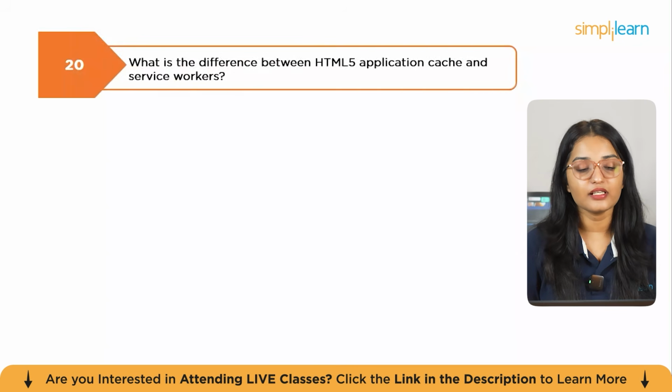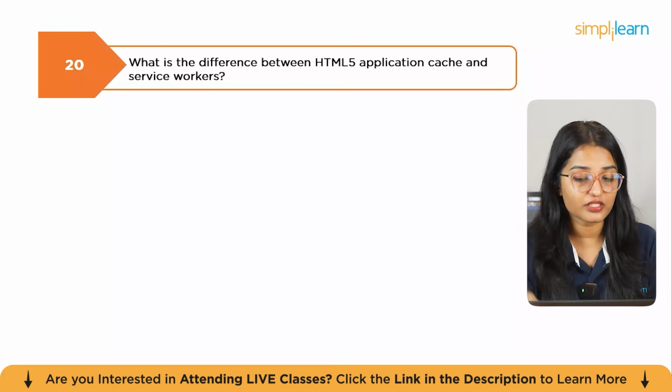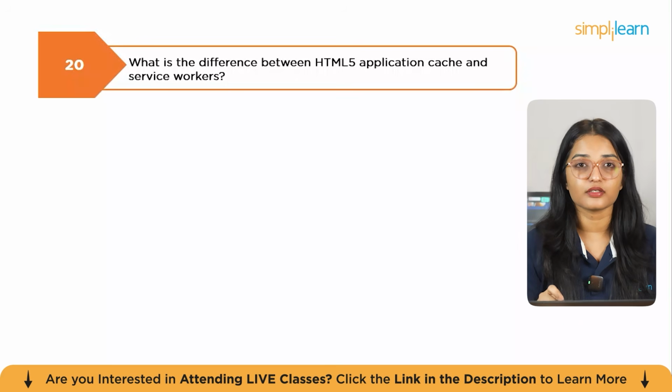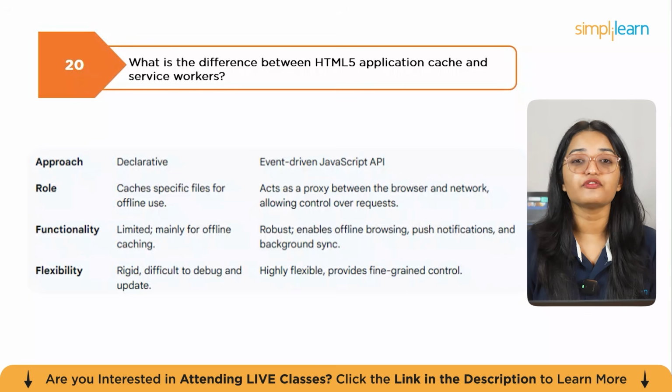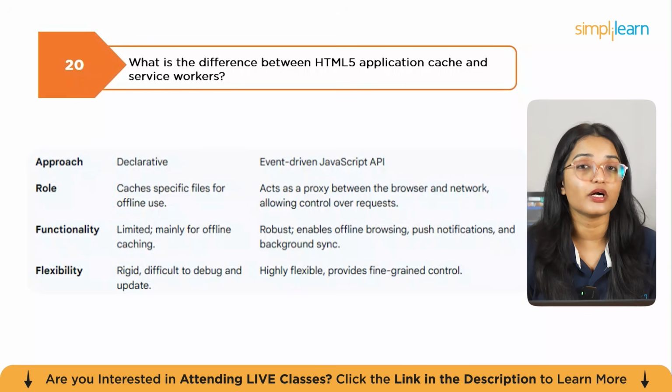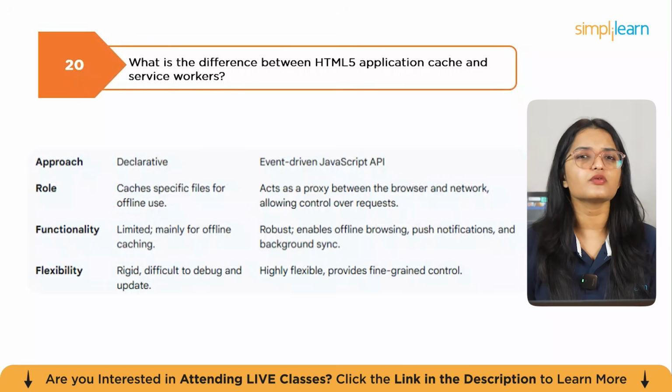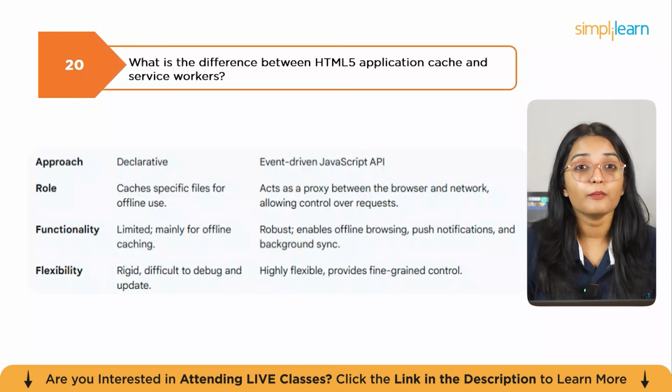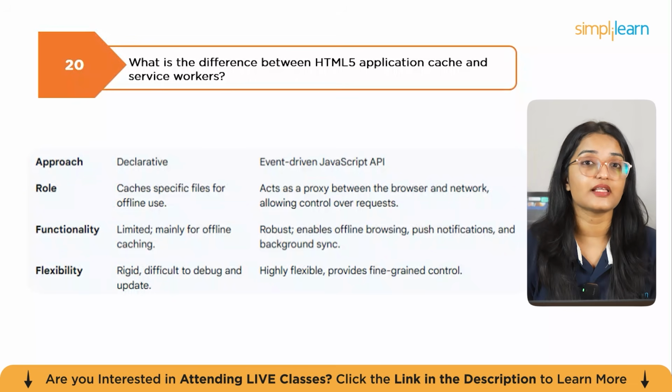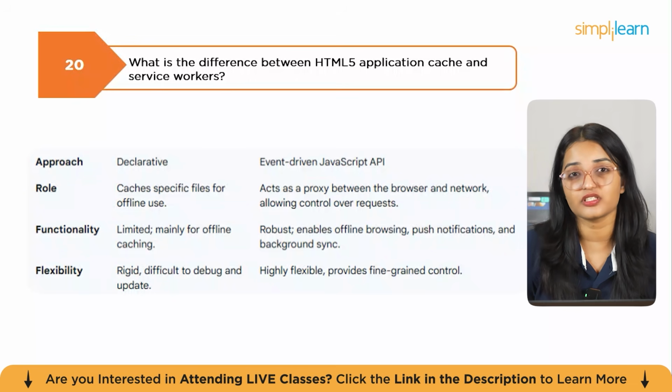The next question on the list is, what is the difference between HTML5 application cache and service workers? To answer this, you say that both technologies were designed for creating offline-capable web applications, but service workers are the modern, more robust solution that replaced the application cache.